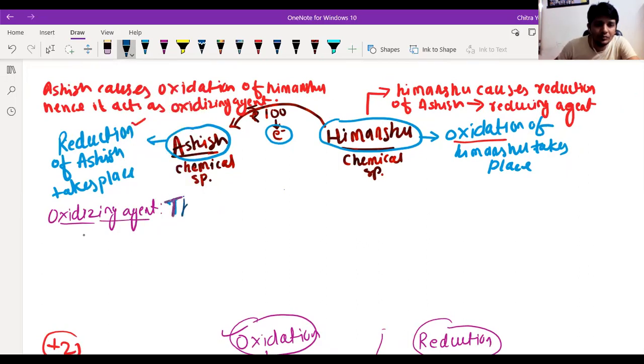Those chemical species, see, oxidizing agent. Who is the oxidizing agent? One who is getting reduced. So those chemical species get reduced, how?